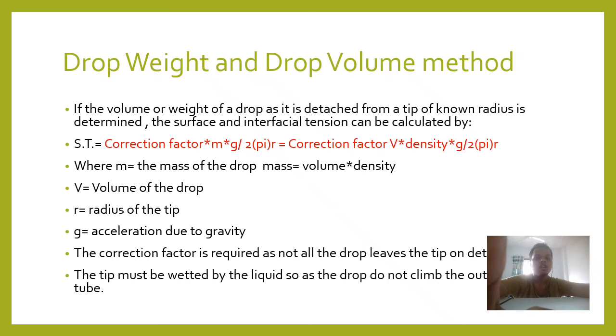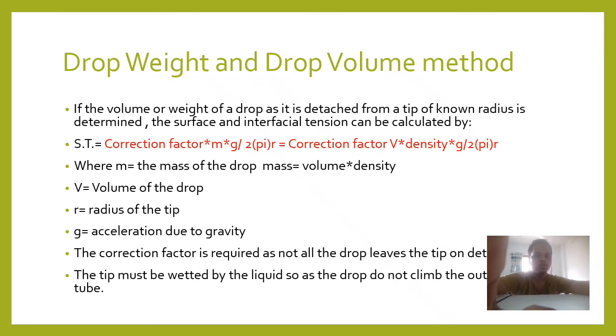Similarly we can say correction factor into volume into density into g divided by 2 pi r, as mass is equal to volume into density. So by replacing the value of mass with volume and density, we can substitute it. The mass of the drop is given by volume into density.